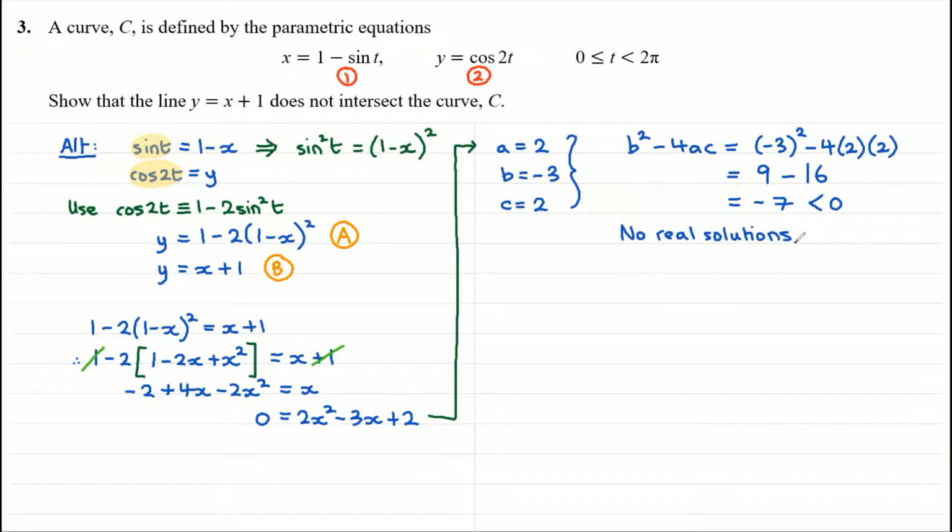So even for this small restriction, that's just a restriction on the real number line. So if they don't intersect for any real values of t, then they're certainly not going to intersect for t values between 0 and 2 pi. Okay, so that's the alternative method for example 3.